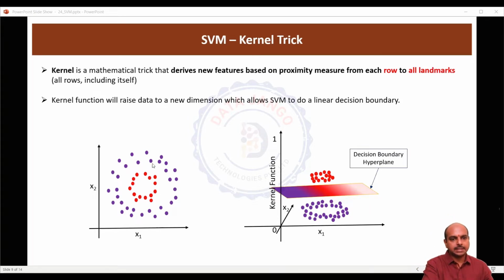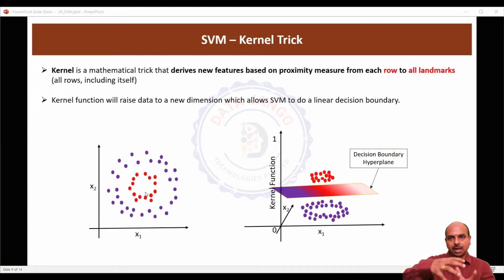We'll understand in a moment, but at a high level, if you want to understand kernel trick, right? If your data is like this, your red dots are inside and your violet dots are outside. If you have to do a decision boundary, you have to do a circular decision boundary like that, right? But when you apply kernel trick, it raises the data to a new dimension like this.